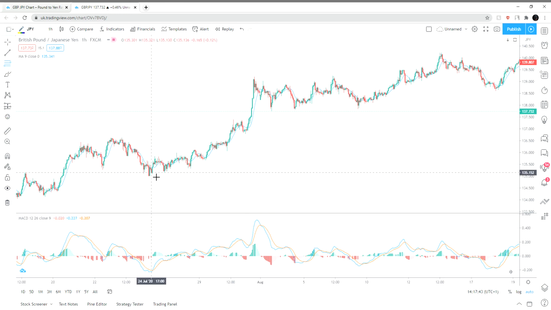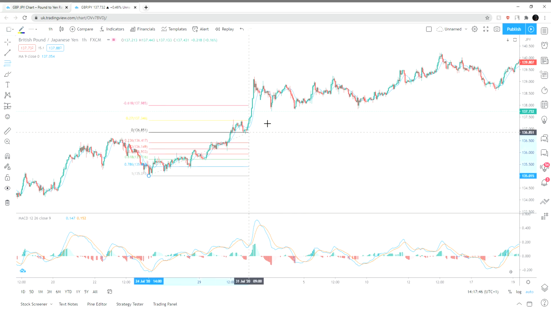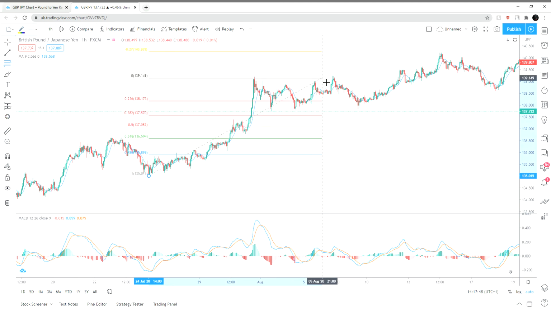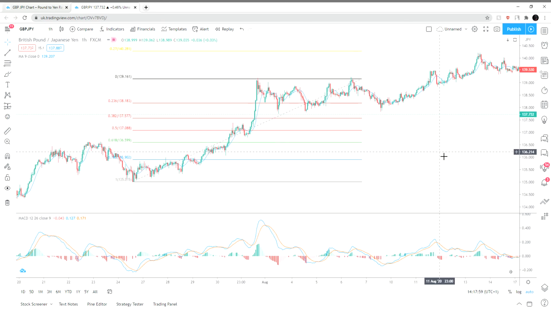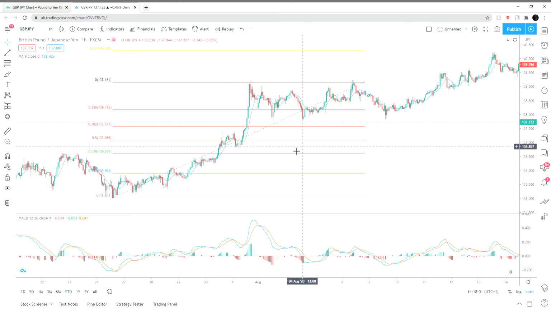All right, so the bottom of the trend to the top of the trend. Right, so this is an example where it hasn't worked as well, but it still worked. You can clearly see price traced these levels.